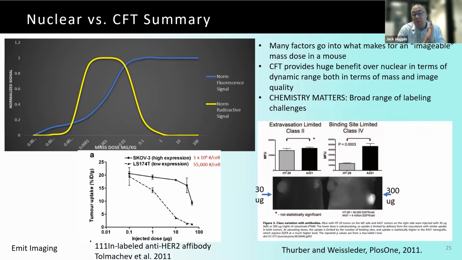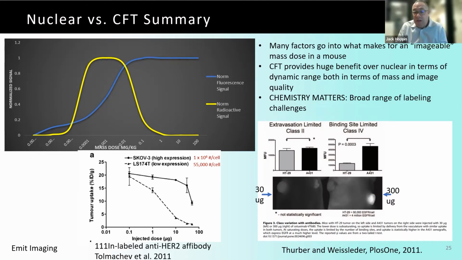I would say, personally, when I used to think about this program, I really thought, well, as you trend down, you do well with nuclear always, and you will start outperforming from a signal perspective the optical. But if you go all the way down to the point where you're trying to put 150 to a few hundred nanograms of small molecule into a mouse, you just can't get the radiolabeled specific activity to work.